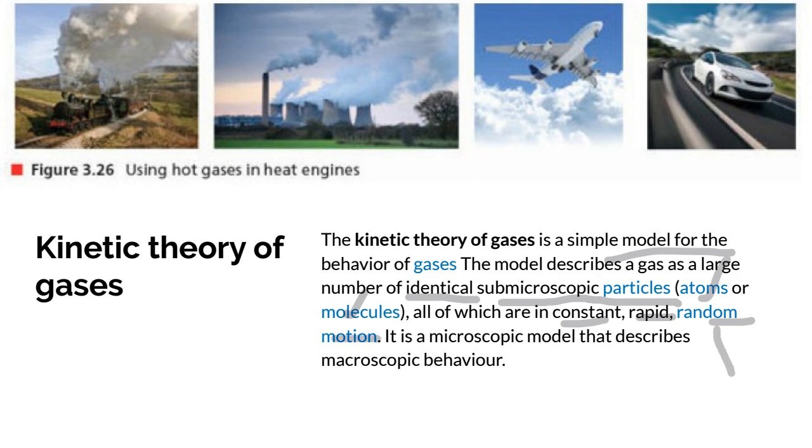So that's how gas particles move: constantly, very quickly, and randomly. Now, this random motion is something you might come across in chemistry. It's called Brownian motion, right? It's an important phenomenon because Brownian motion is basically the observed behavior of gas particles, demonstrating and proving that it is in fact random.